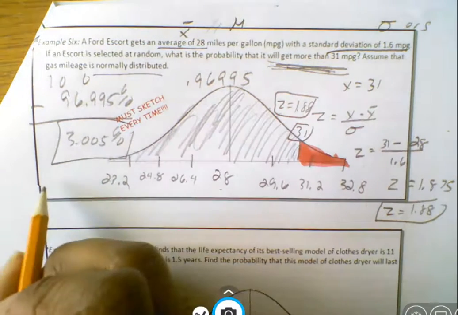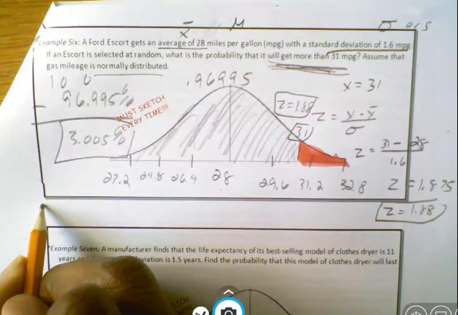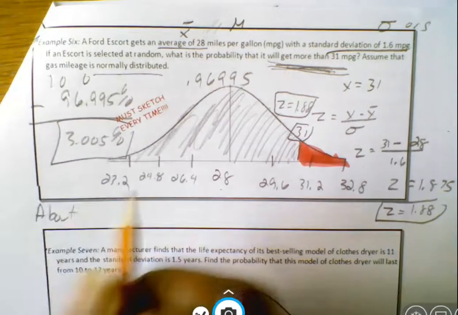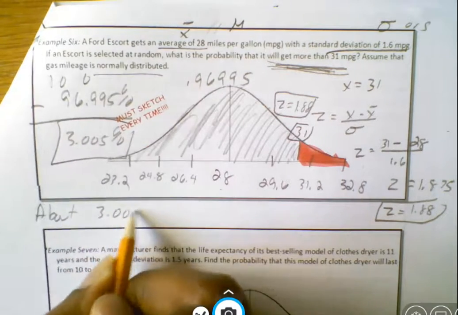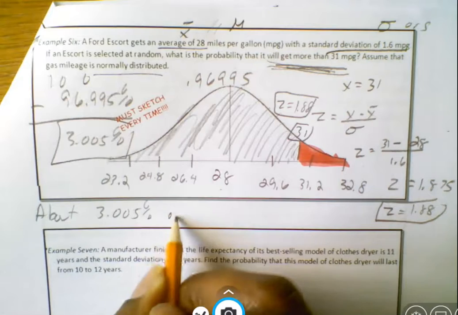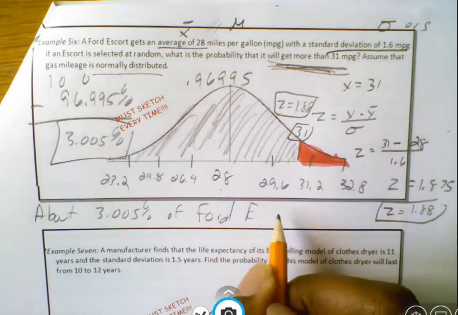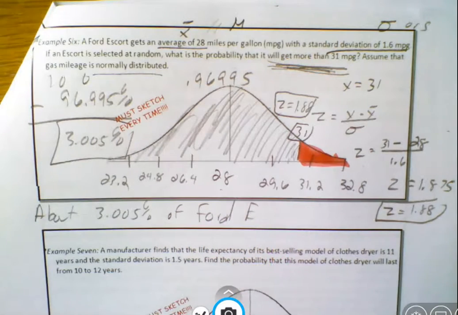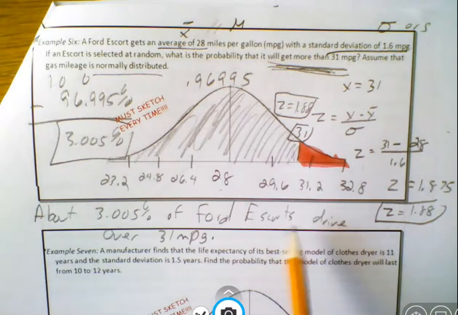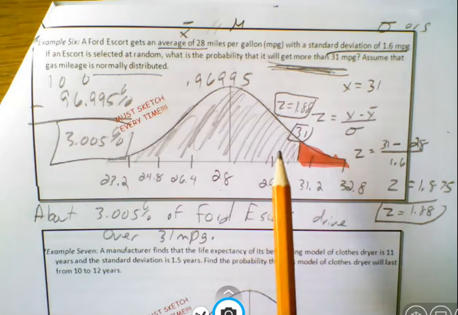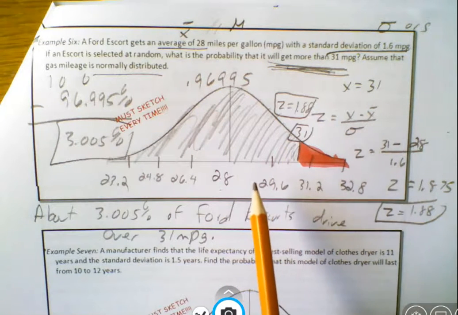So we would answer this question as about 3.005% of Ford Escorts get more than 31 miles to the gallon. So I put it in a sentence: about 3% of Ford Escorts drive over 31 miles to the gallon. And that's how we can apply z-score to a word problem. I hope that makes sense. Good luck.